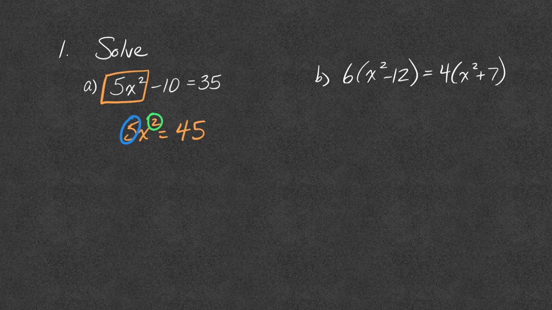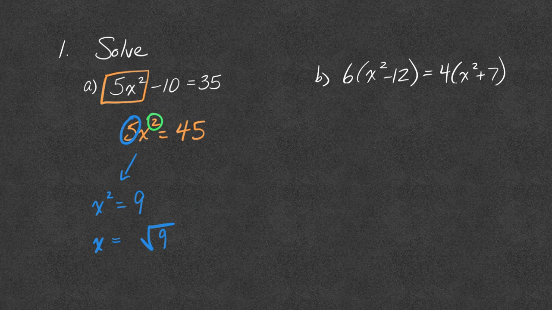If I follow through with the blue, that's me recognizing the multiply by 5, so let's divide it out. Then that equation becomes x squared equals, and to get rid of a times 5, I divide by 5, and 45 divided by 5 is 9. Now, to finish it off, I get rid of the squared, the exponent 2. To get rid of a squared, I take a square root.